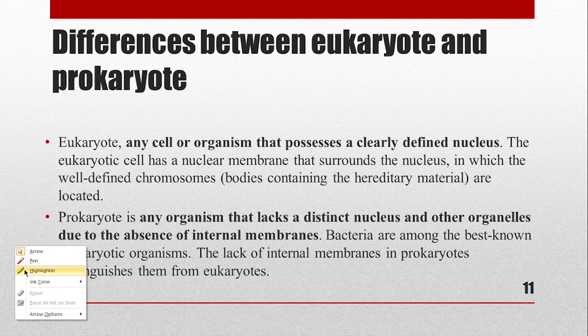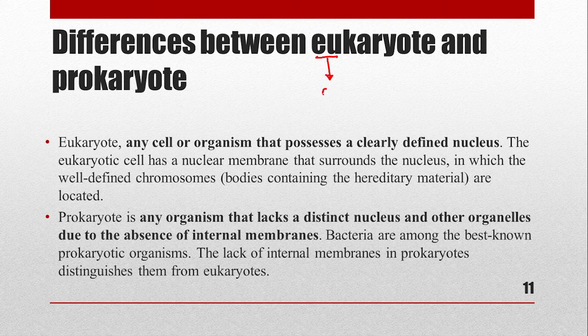Then we must know the difference between eukaryote and prokaryote. Eu stands for good, and karyote, as we know, stands for nuclei. So good nuclei. And pro means before. I told you all, but let me just write it. So a eukaryote is any cell or organism that possesses a clearly defined nucleus.